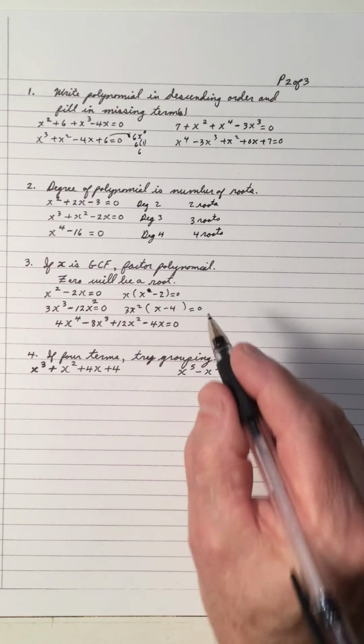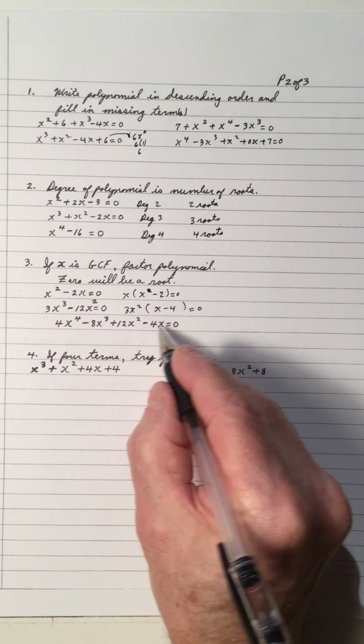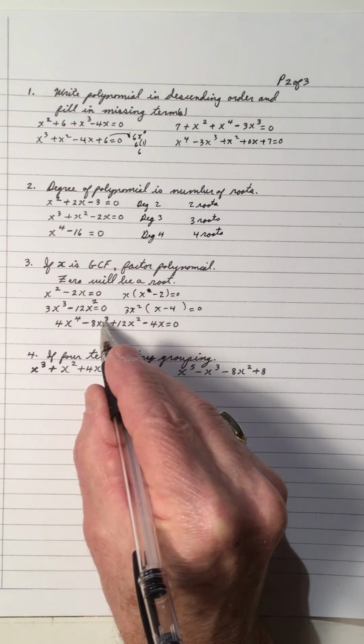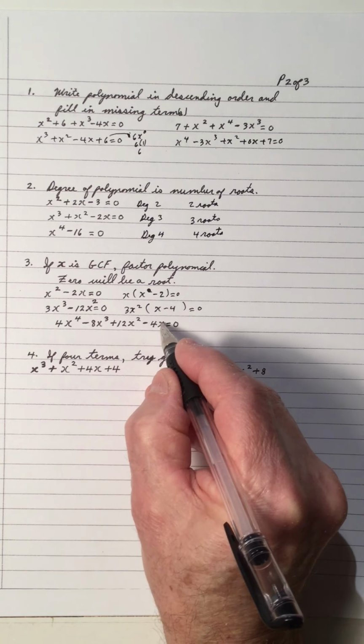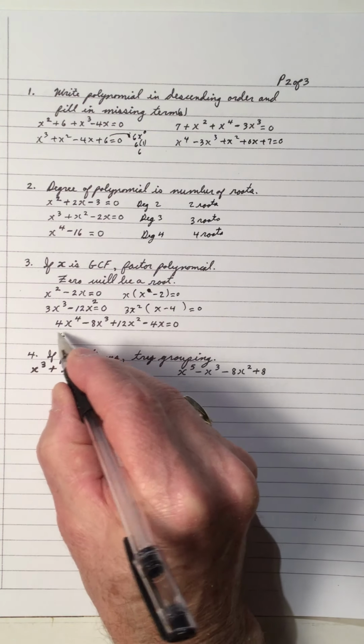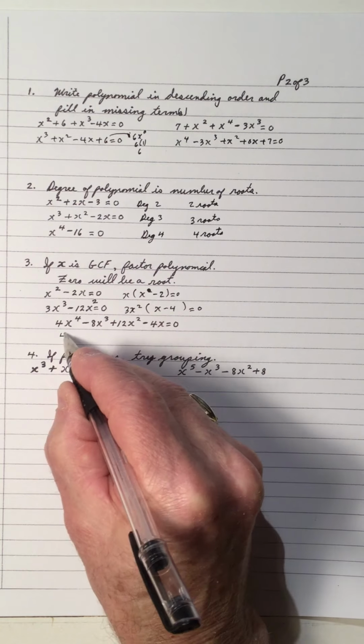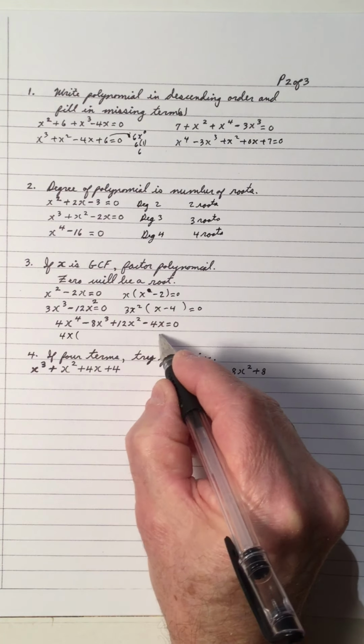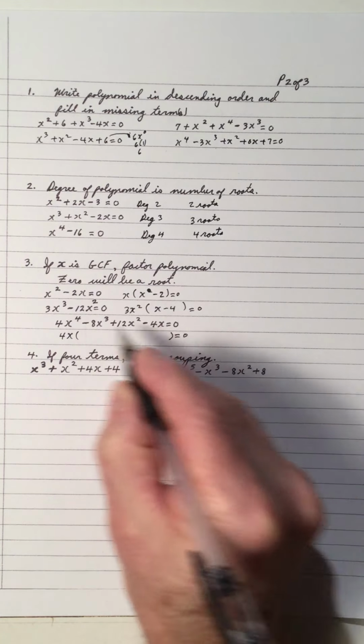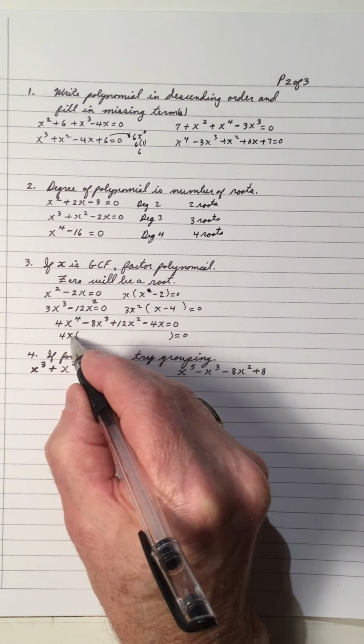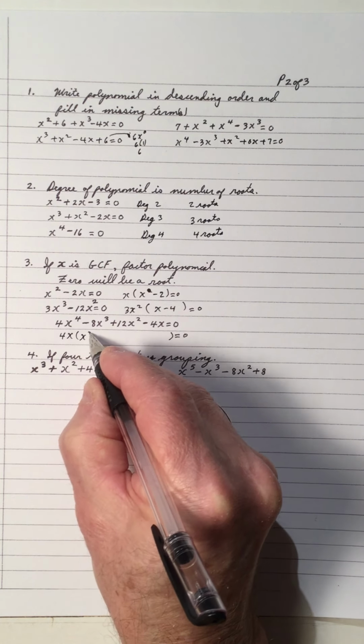And in this expression, we have x to the 4th, x cubed, x squared, x. So we look way over here, and I see a 4 is a factor of each term, so 4x is a factor of all these terms. So 4x to the 4th divided by 4x is x cubed.